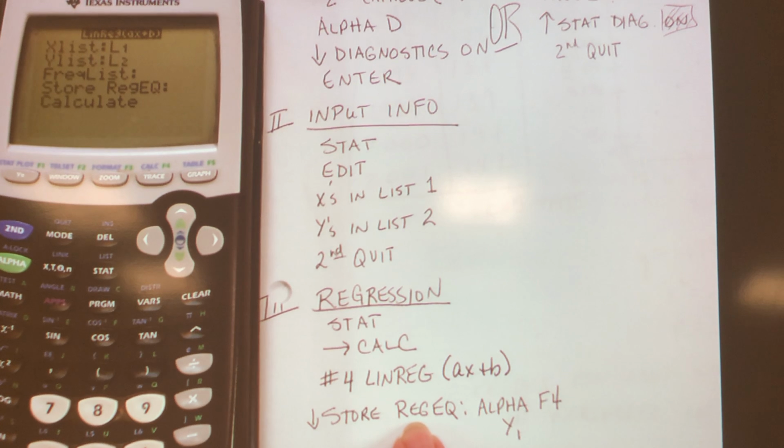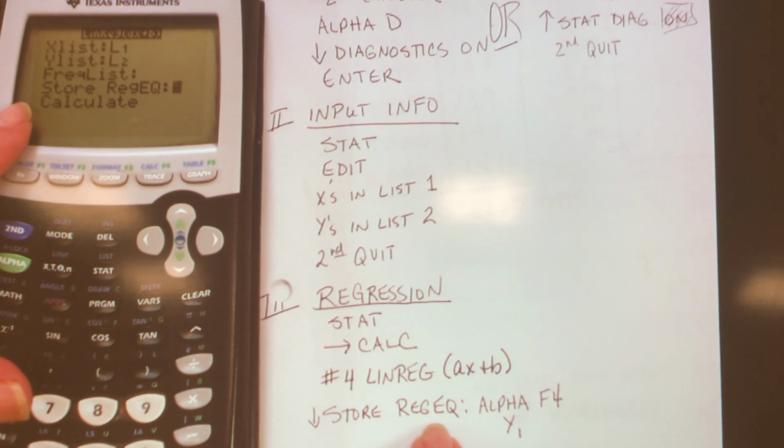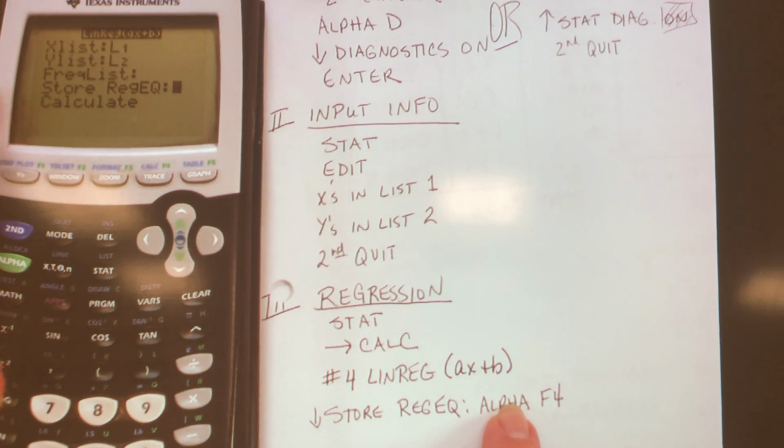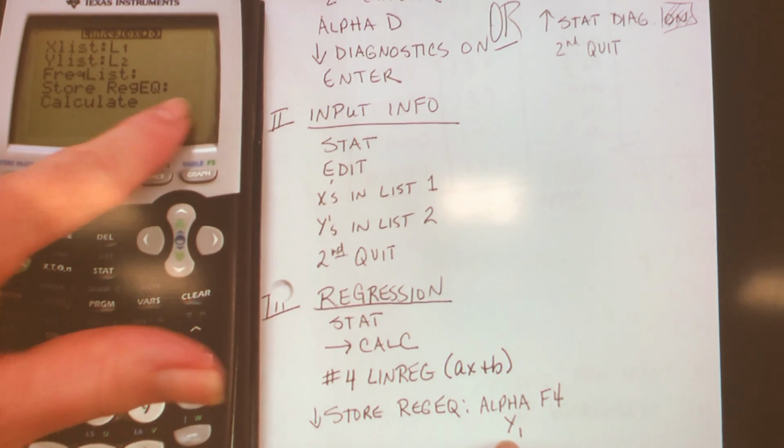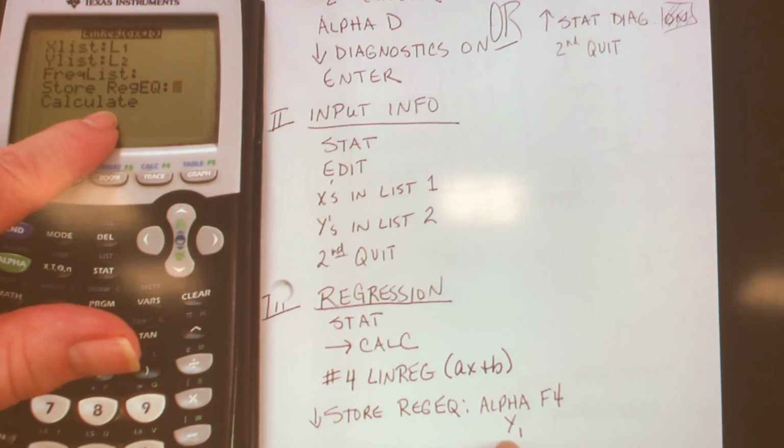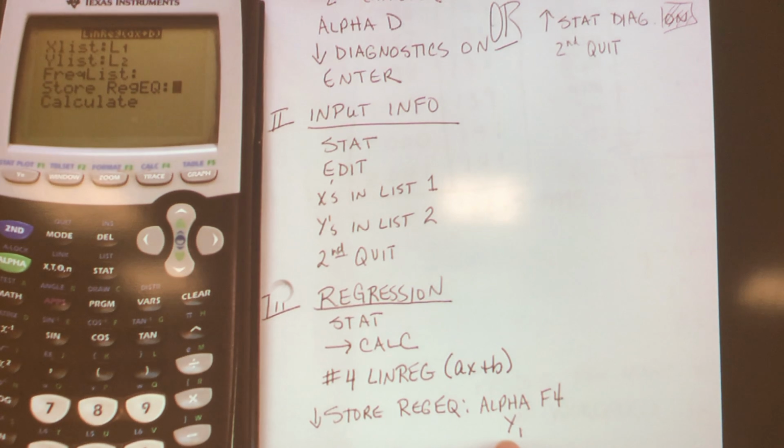All right. Then I want to go to store regression equation right here, okay? I want to store my regression equation in Y1 so I can see it on my graph. If you leave this blank, it'll still calculate it for you, but you won't see it on your graph. If I were in a hurry and they weren't checking my calculator, I didn't care about that, then I would just go down to calculate, press enter.